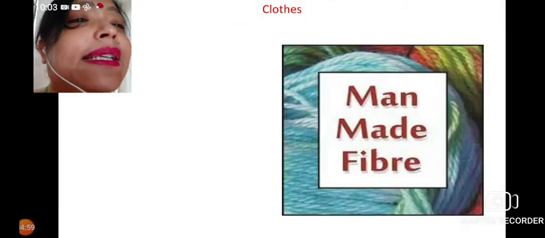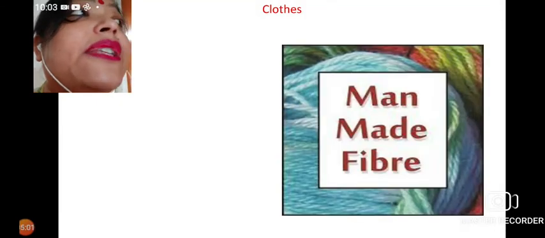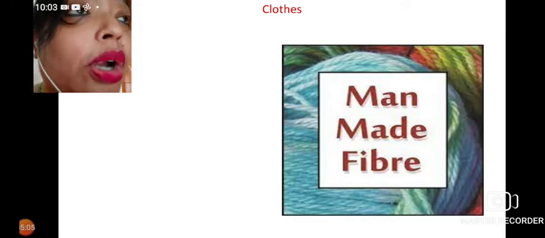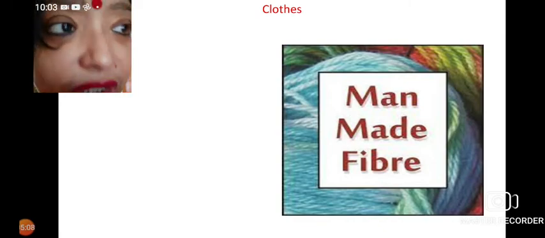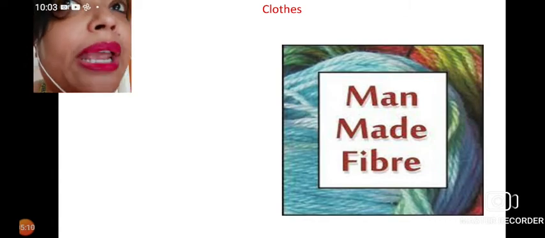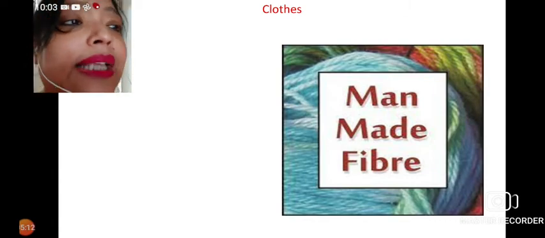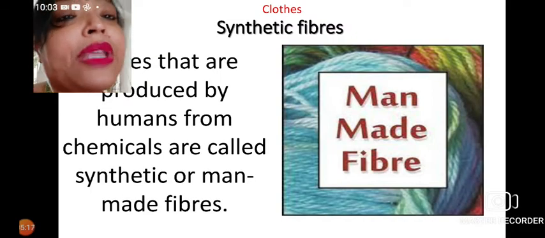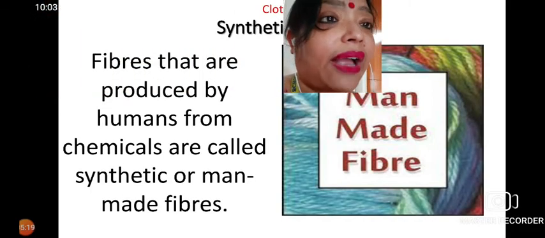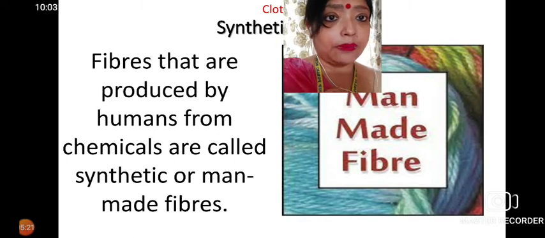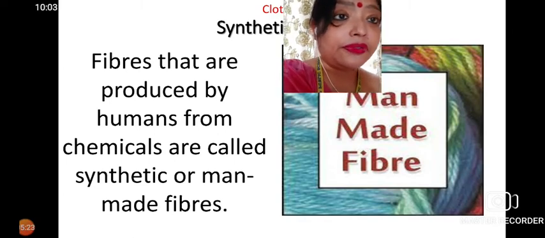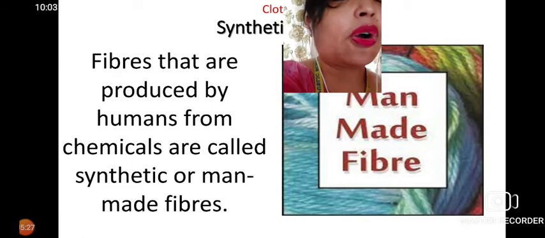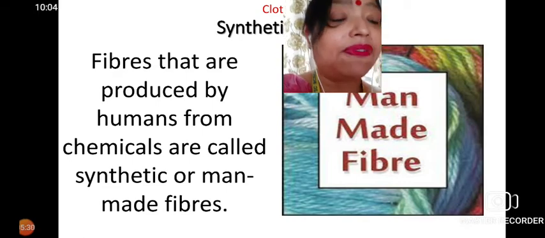Now we can take the example of the man-made fiber. What is man-made? That is what can be prepared artificially. What we prepare artificially is known as the man-made or the synthetic fiber. Synthetic fibers are produced by humans from different types of chemicals, in the laboratory or in the factory.